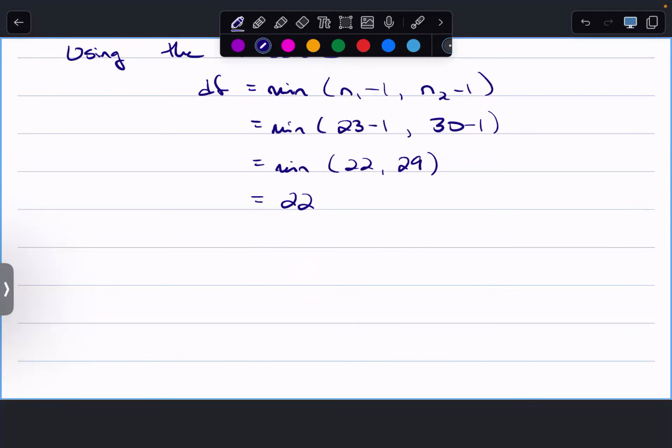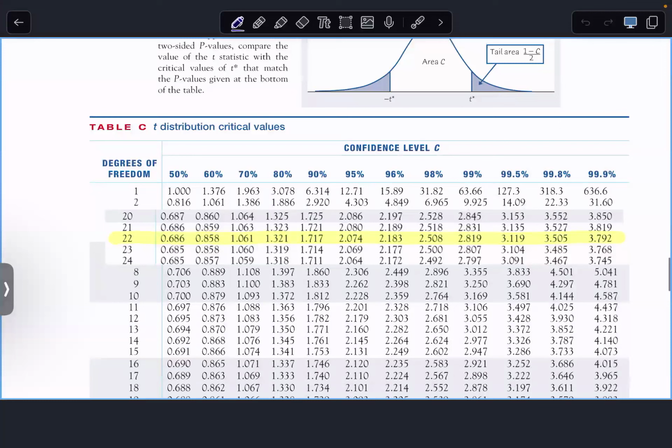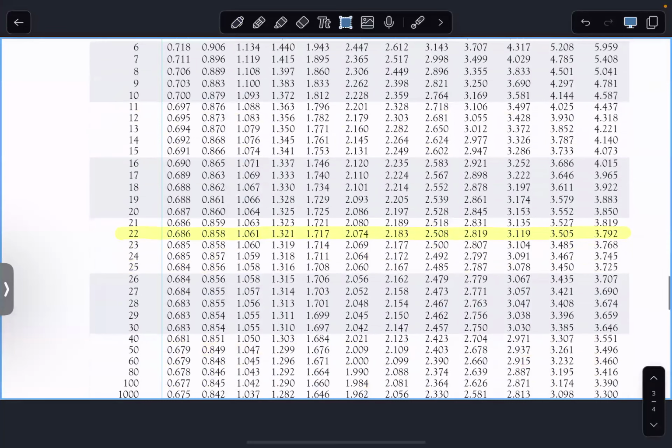Using the t-table with 22 degrees of freedom, now I'm going to take a screenshot of the table. I've got my 22 degrees of freedom highlighted already, and I want to find the p-value.